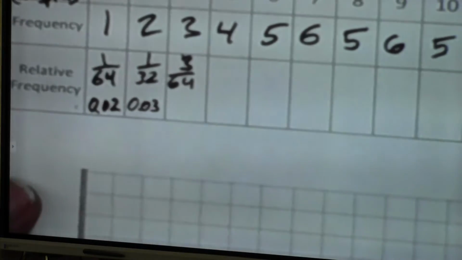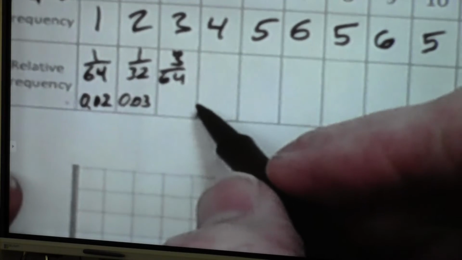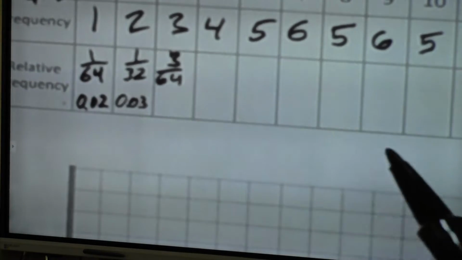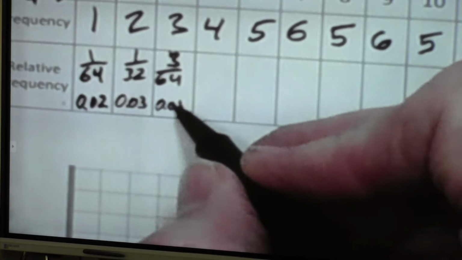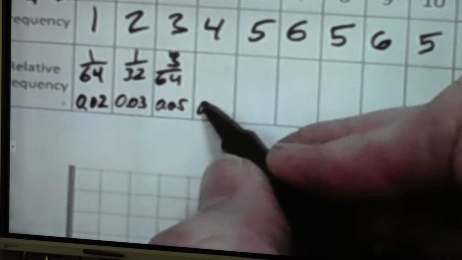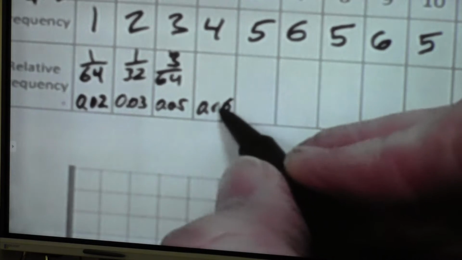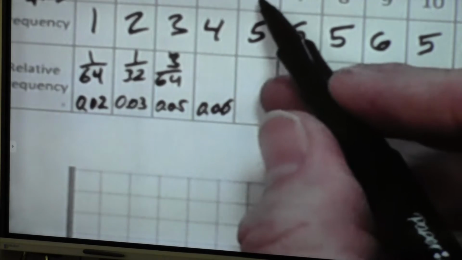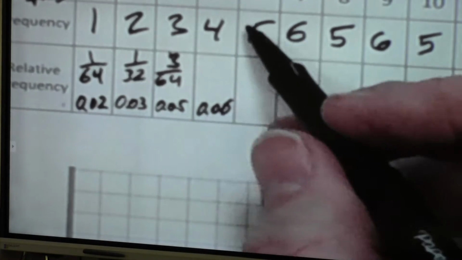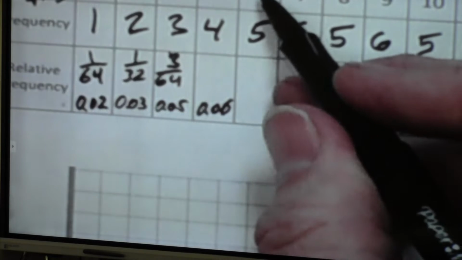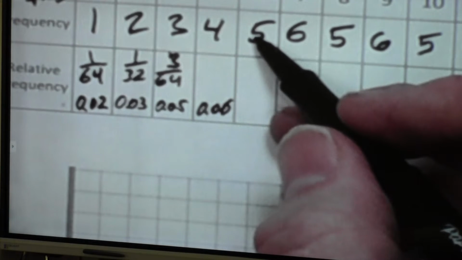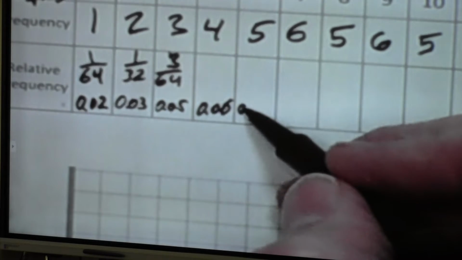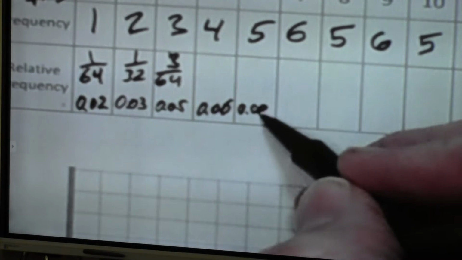So I will give you the numbers because I've calculated these. This is another place where you just simply divide on the calculator. So for 3 it's 0.05, 0.06, the number 6. It's easy to get mixed up when you have some of these, but we have to stick with 4 over 5 over 64, 0.08.